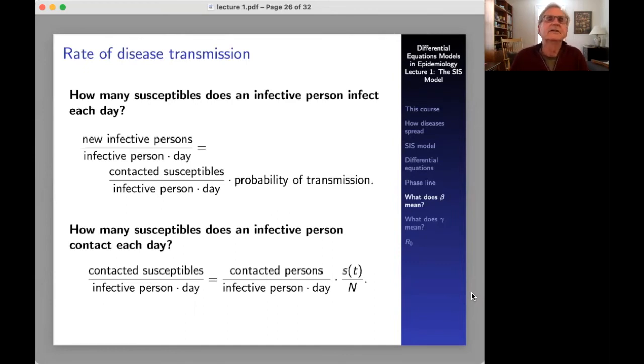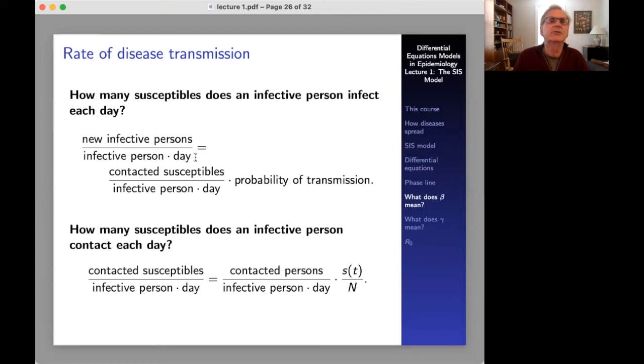Let's think about the rate at which the disease is transmitted. And what we're going to think about is how one person, one infective, transmits the disease to others. So we want to look at how many new infective people one infective person causes in a day.